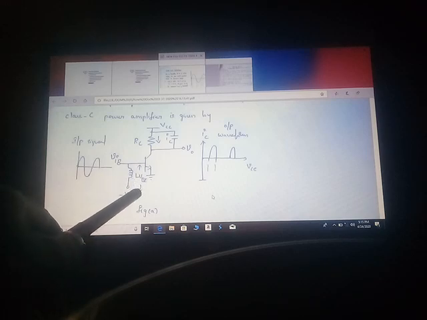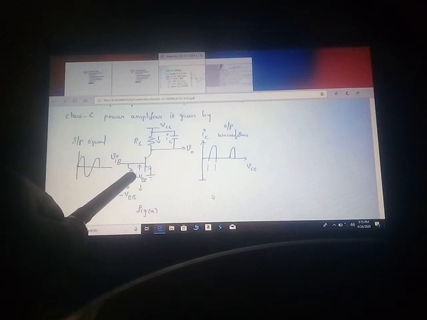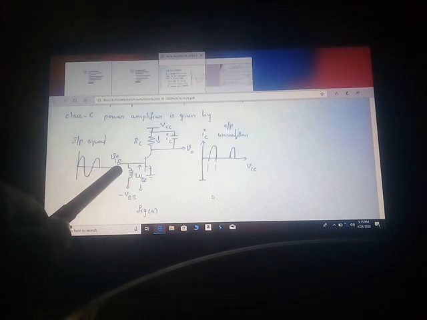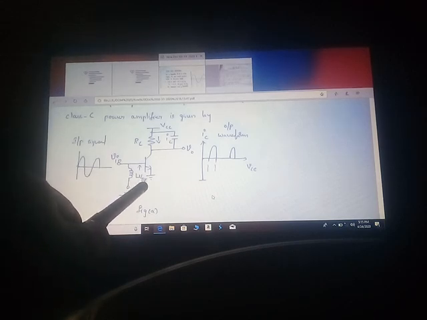Whenever you are taking this simple design of your circuit, V in means which type of signal we are sending? We are sending the sinusoidal input signal for a Class C power amplifier. At the input side, how many factors do we have? One is the input signal, another is the biasing voltage VBB, and another voltage is VBE.